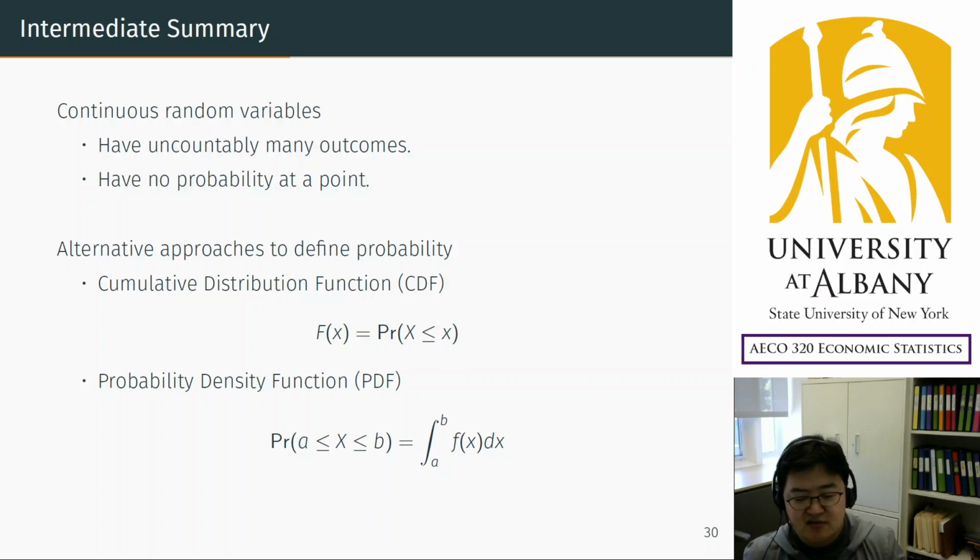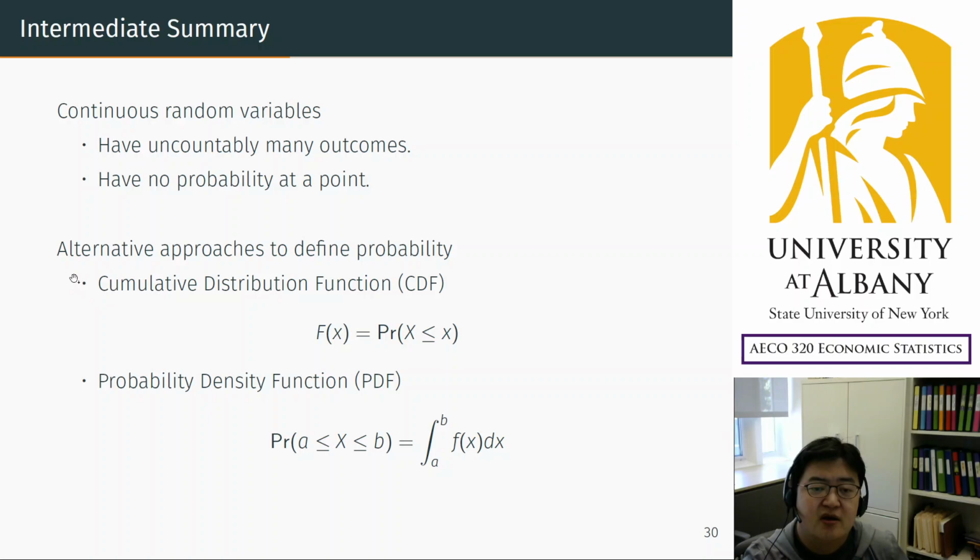As a result, our previous approach does not work. We cannot make a probability distribution table for a continuous random variable. So it breaks down. We need a different approach to define and handle probability distributions. There are two alternative approaches I introduced in this chapter.